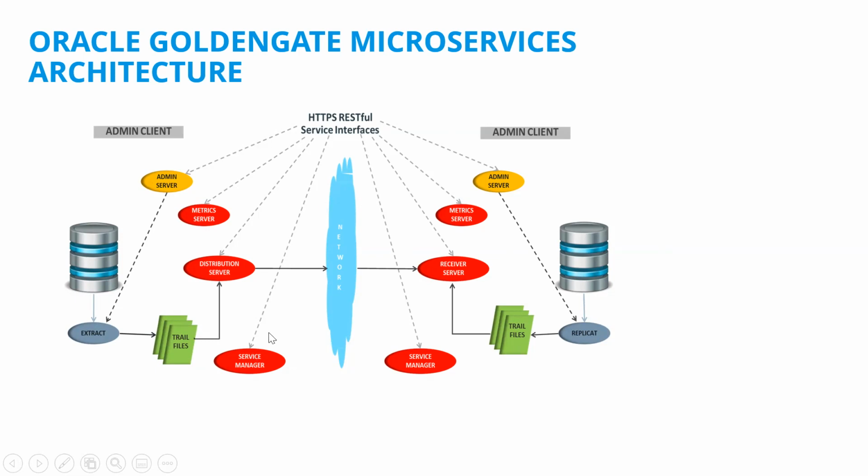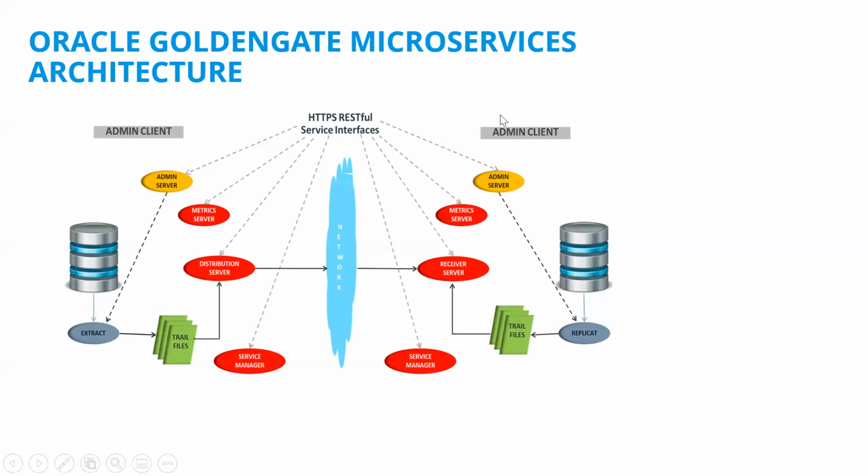Under service manager, all the services run. Under administration server, you can configure extract process, writing data to local trail. Once the data becomes available in local trail, distribution server will send the data over TCP/IP network where it will be received by receiver server. Receiver server will help in writing it to remote trail, and then replicate will apply it to the target database.